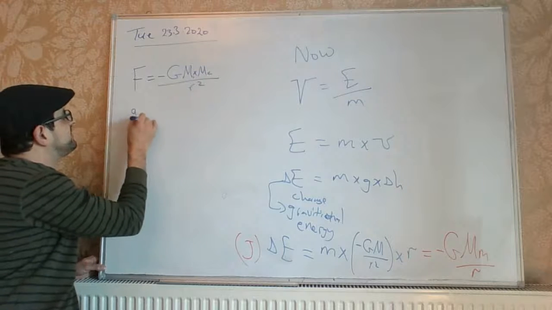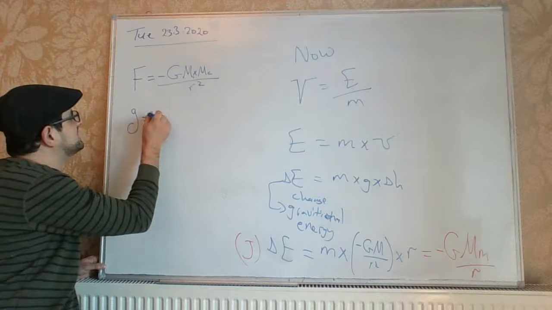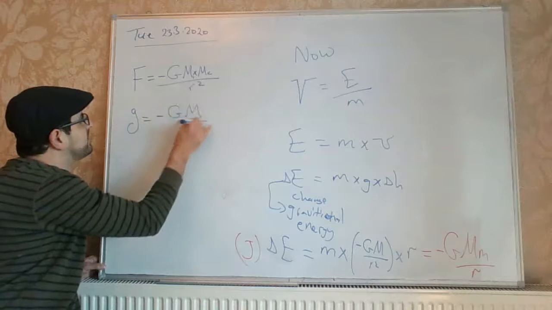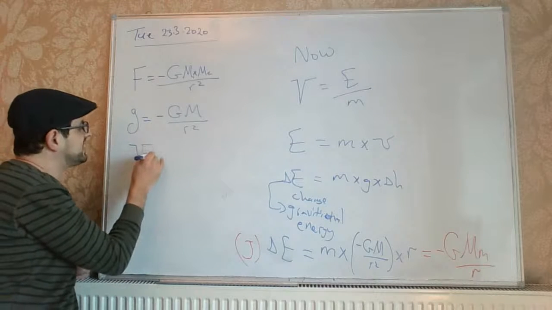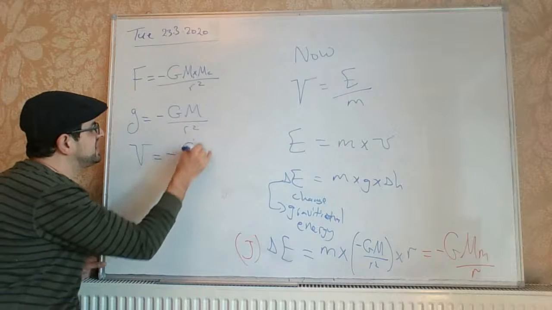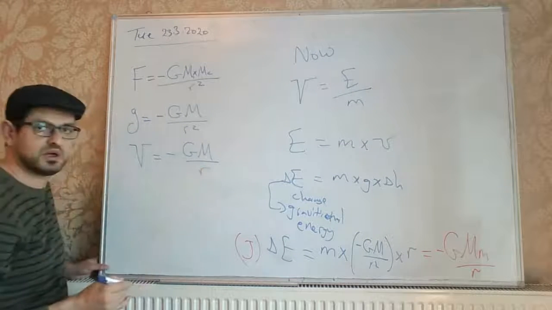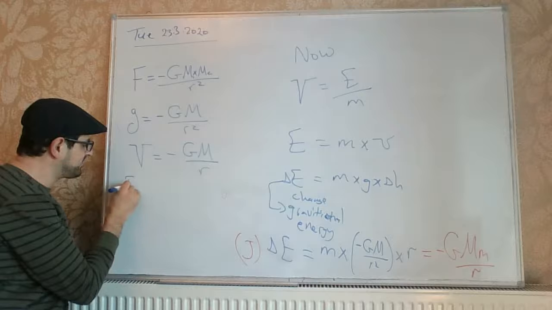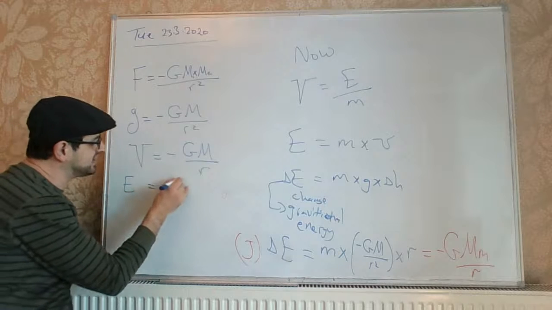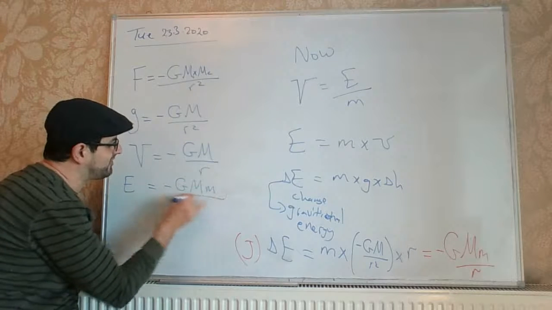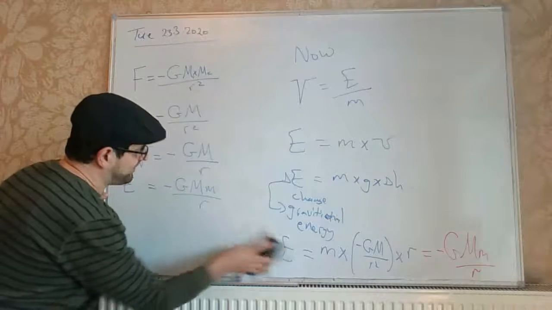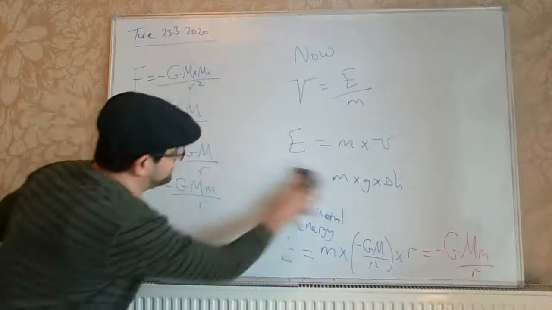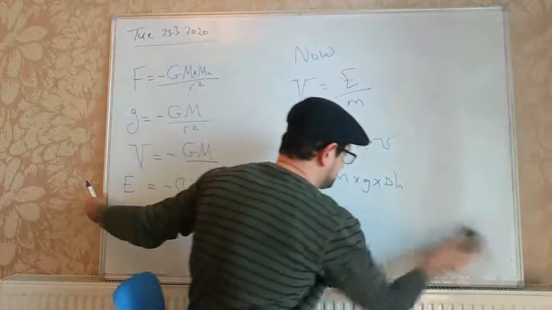The gravitational field strength at a point is negative Gm over R squared. The gravitational potential is negative Gm over R. And the gravitational potential energy is negative GMm over R. These are the four equations that you are required to know.